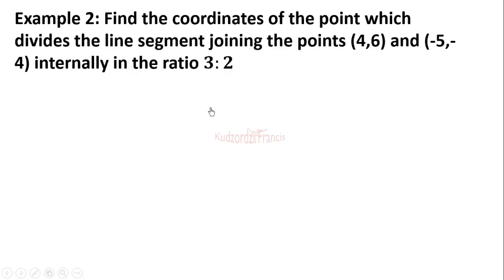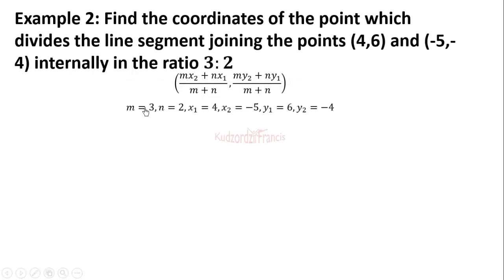So we recall the formula: (m times x2 plus n times x1) all over (m plus n), (m y2 plus n y1) all over (m plus n). Now, from the question, we can write down the values of m, n, x1, x2, y1, y2. So these are the values we are going to substitute into the formula.